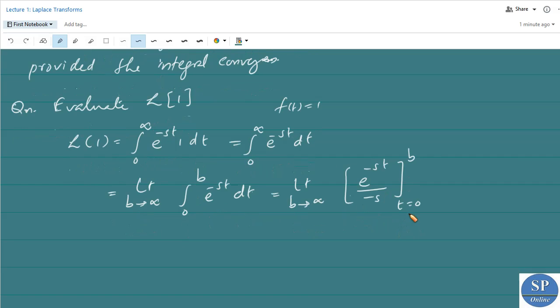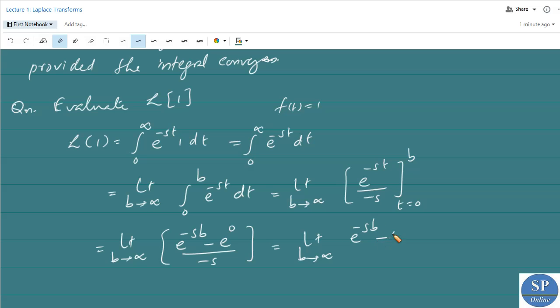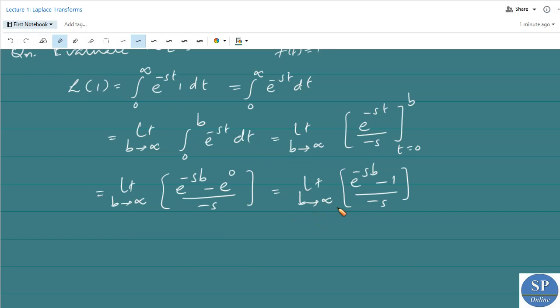Okay, so this is nothing but limit b tends to infinity, e to the power minus sb minus e to the power 0 divided by minus s. Clear? So this is equal to limit b tends to infinity e to the power minus sb minus 1 divided by minus s.